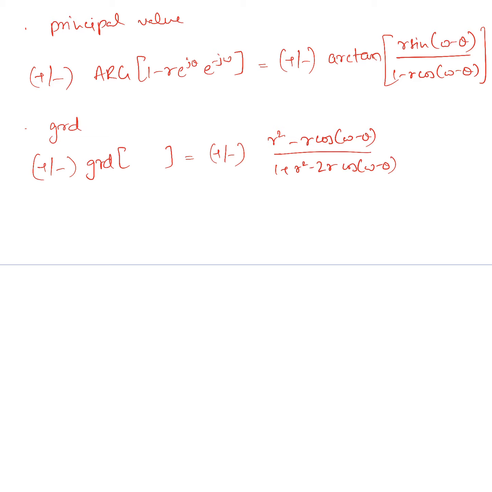Or equivalently, you can express this as plus or minus r square minus r cos of omega minus theta divided by the square of the magnitude function, where the denominator is the modulus square of 1 minus r e to the power j theta e to the power minus j omega. So this is the square of the magnitude function.